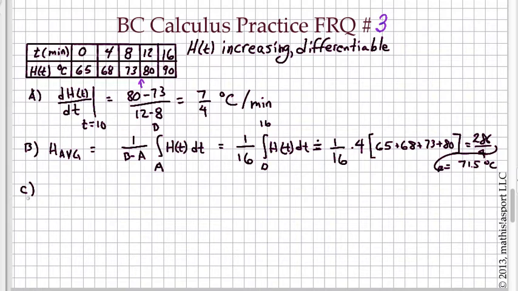Now, have we overestimated or underestimated? Well, we used left Riemann sums. That much we know. But the other important fact is that they told us that this function is constantly increasing.